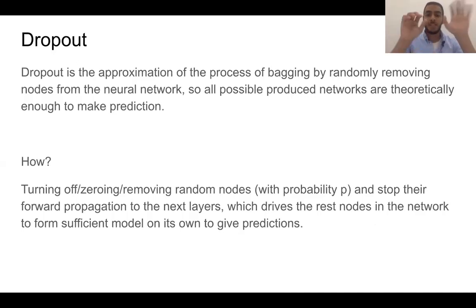You turn off random nodes in it with probability p. You remove a node with probability p, and you keep it with probability 1 minus p, and you stop its forward propagation to the next layers. So basically, this drives the rest of the nodes to form a subnetwork which is sufficient to produce good predictions by the backpropagation training.